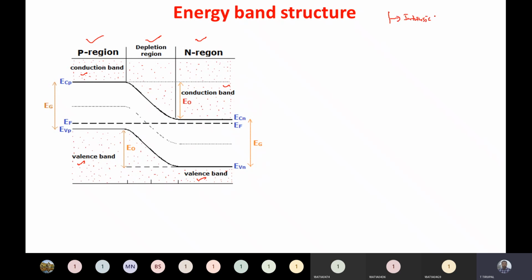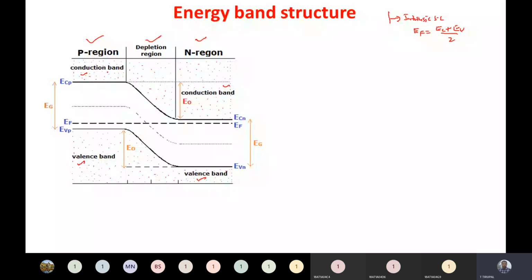We have already derived this. It lies at the center of the conduction and valency band. Very good. So EF is equal to EC plus EV divided by 2, as we have proved. This dotted line is where the Fermi level lies for an intrinsic semiconductor.